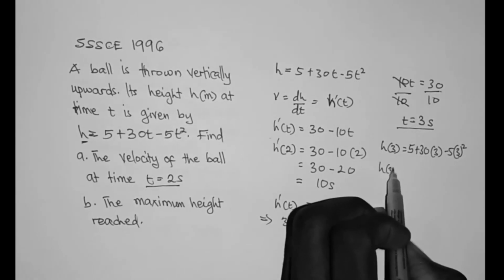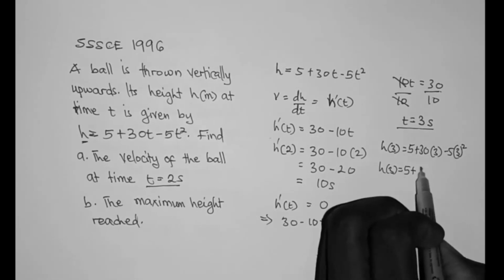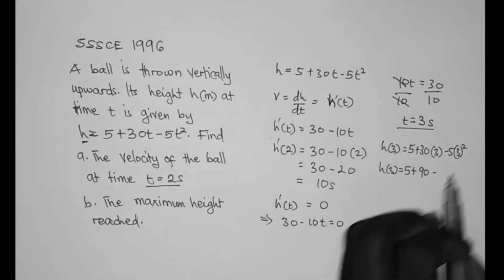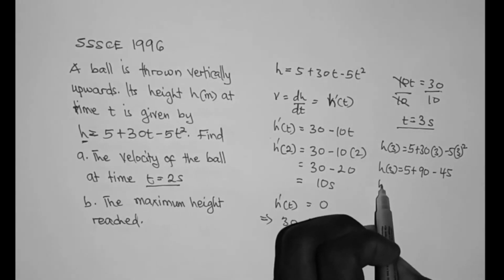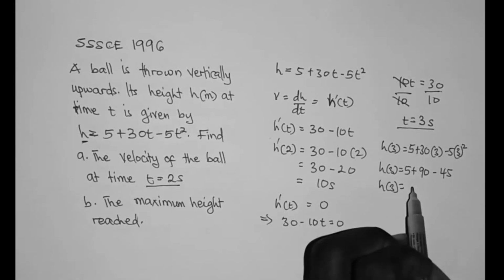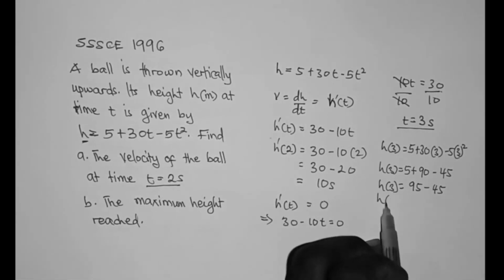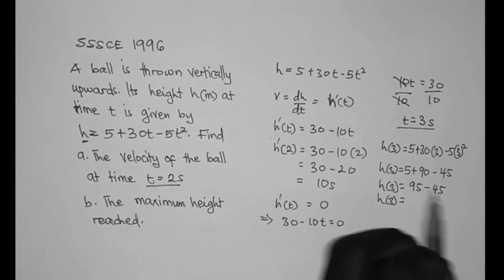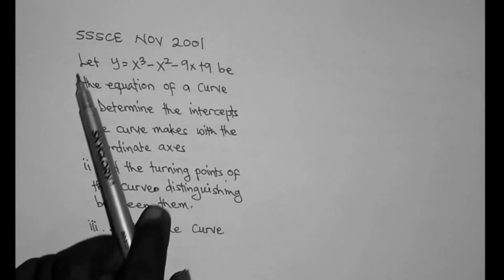So h of 3 is equal to 5 plus 90, minus 3 squared is 9, times 5 is 45. So h of 3 is equal to 95 minus 45, which is 50 meters.